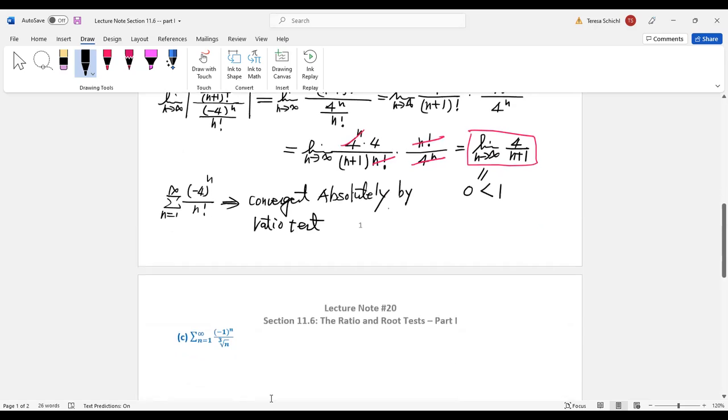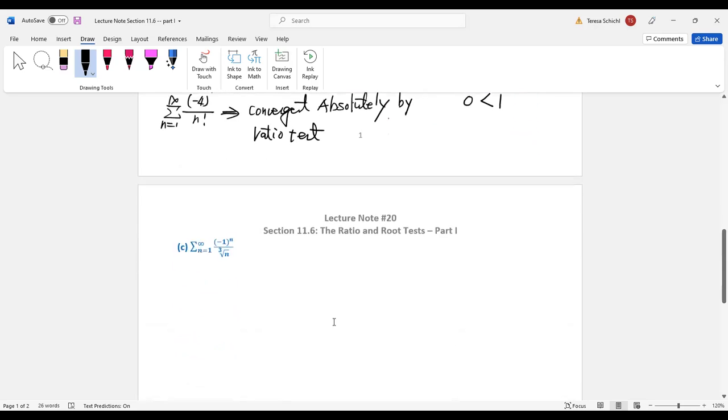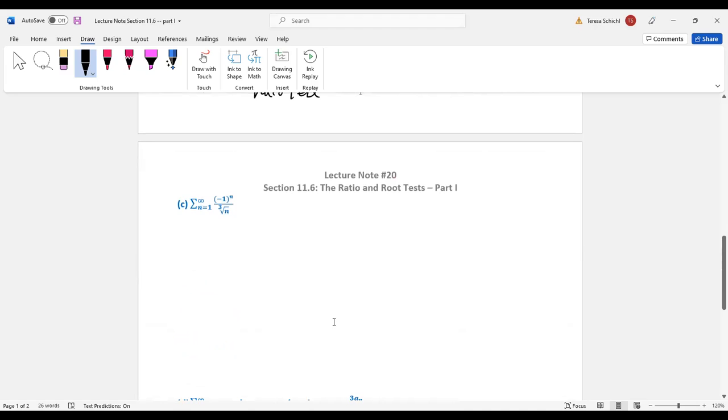Okay, now let's take a look at this example. We use the ratio test. I will say the limit as n approaches infinity of (n plus 1) cubed root, negative 1 to the n plus 1, divided by n cubed root, negative 1 to the n. Because this is the absolute value, all the negative signs disappear.